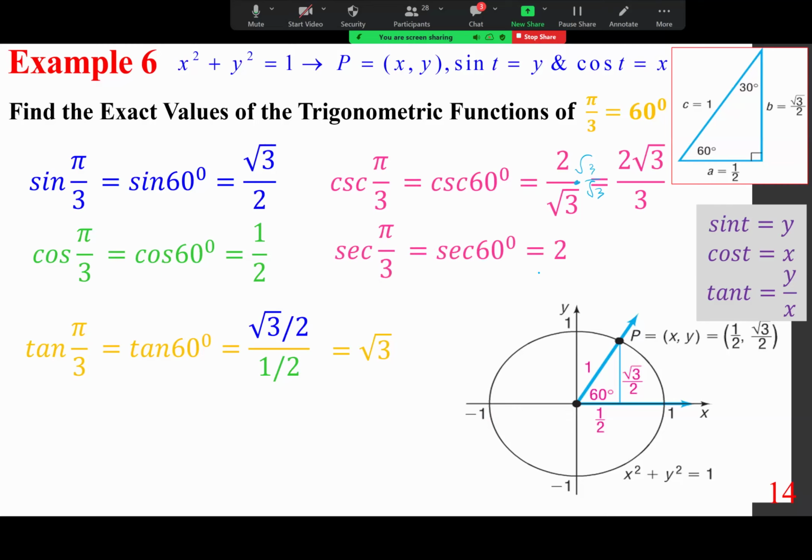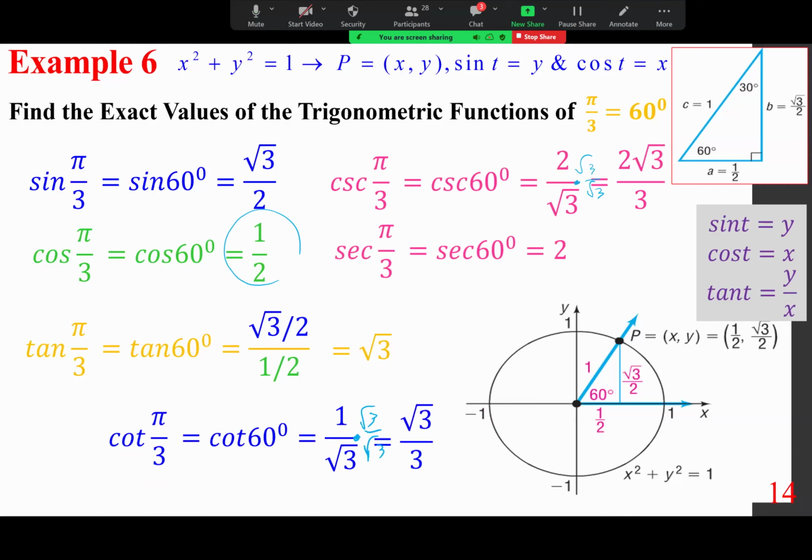Secant is just the reciprocal of 1/2, which makes it very easy. Cotangent is 1 over square root of 3, the reciprocal of that. Rationalize it, and you get square root of 3 over 3. Again, pretty straightforward, everybody.